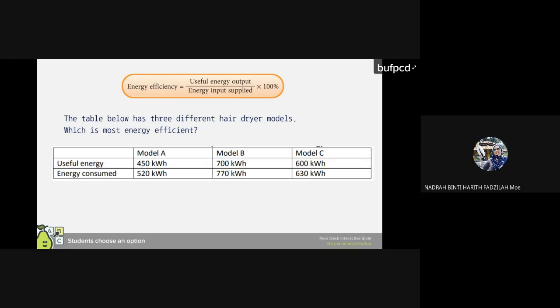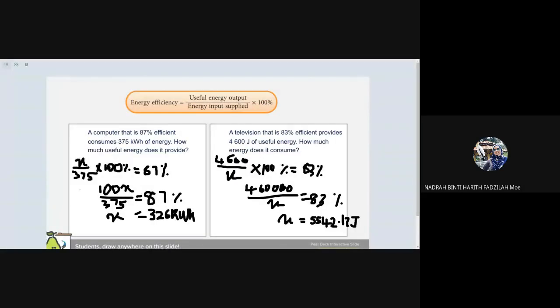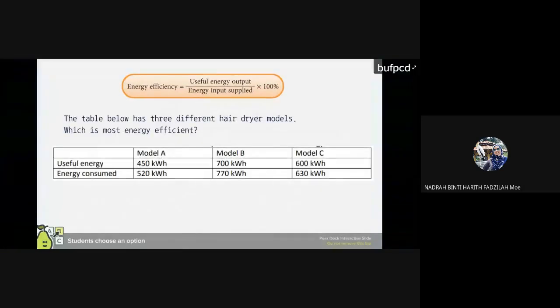So saya bawa semua student ke slide ini. Okay ya. So for this particular question, you have to choose between model A, model B and model C. So for model A, the energy efficiency is 86.5, model B is 90.9 and model C is around 95%.